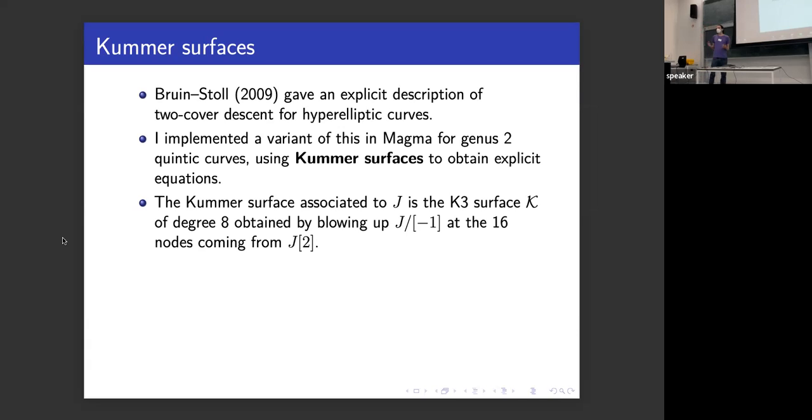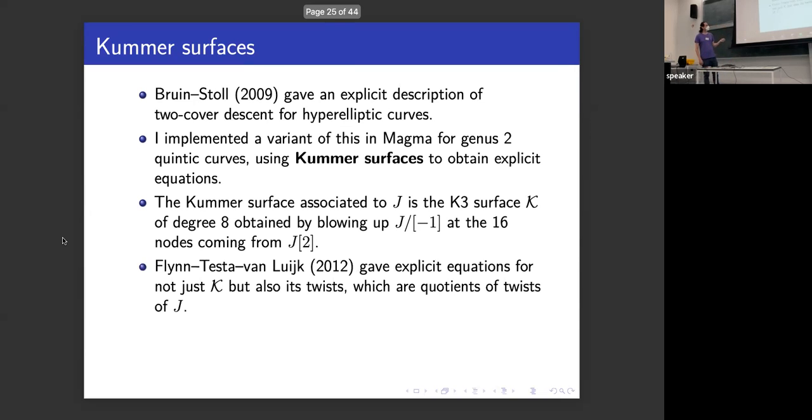Then this gives you 16 simple nodes corresponding to the 2-torsion points of the Jacobian. If you blow up at those, you get a K3 surface that's called the desingularized Kummer surface of the curve. It can be written down explicitly as the intersection of 3 quadrics in P^5. This is all a very explicit picture.